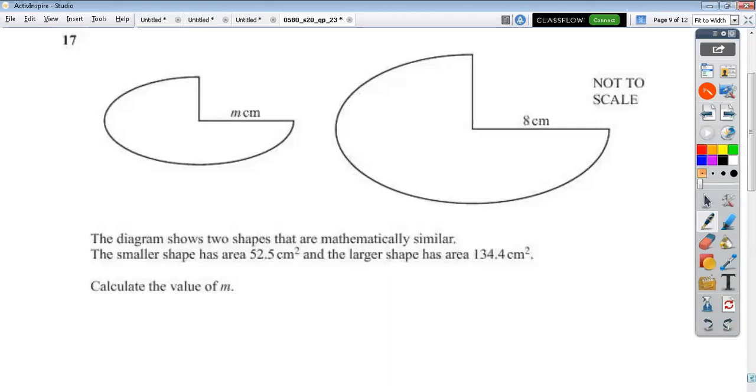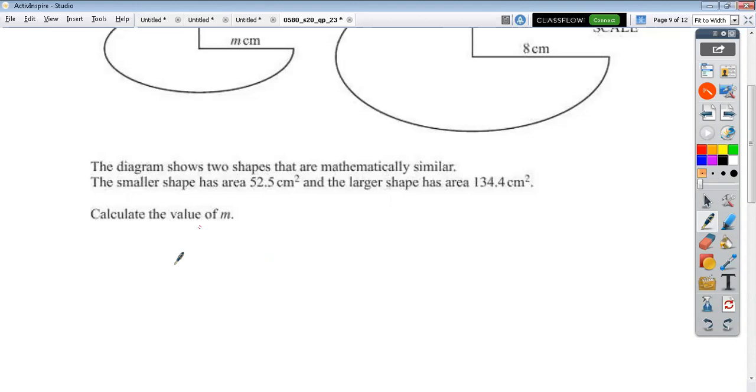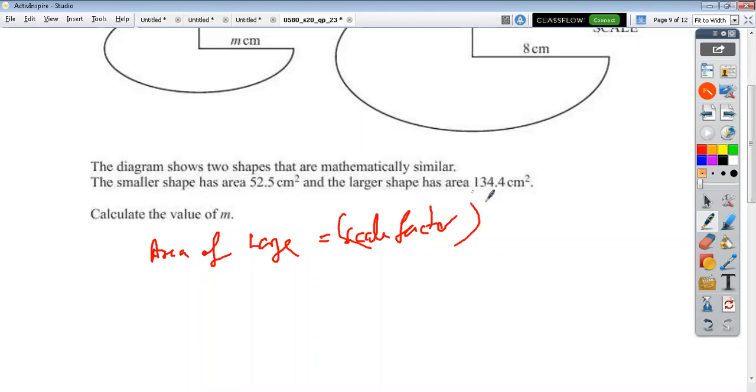So, what do we know about area? Who remembers? We said area of large is equal to scale factor, if it's area, scale factor squared, multiplied by area of small. Do I have the scale factor?